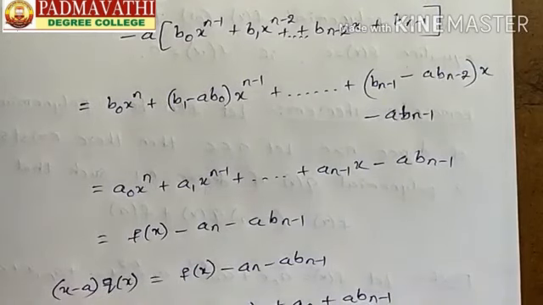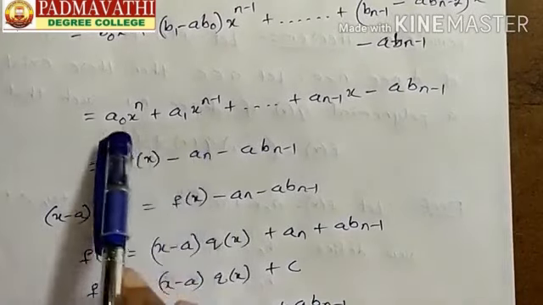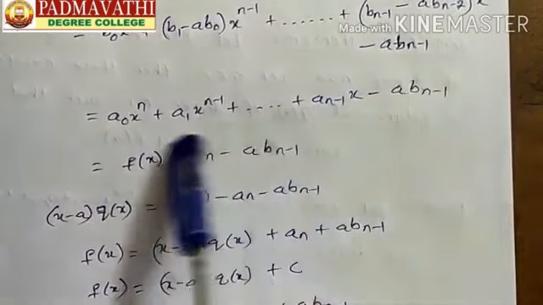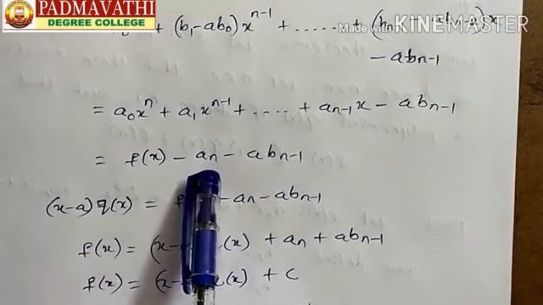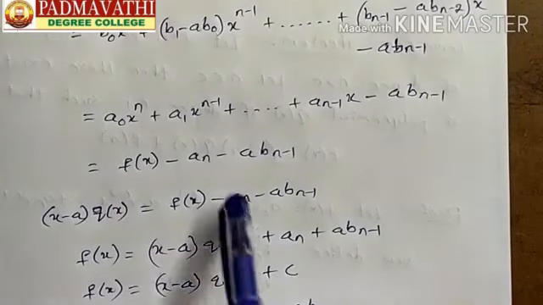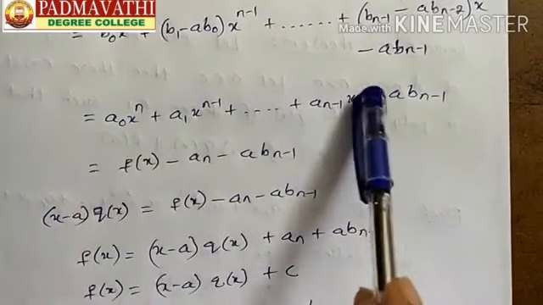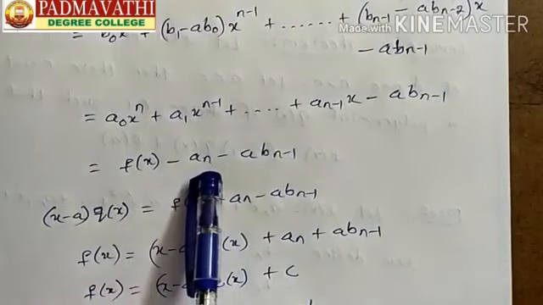Now in this expression, all values except the last term will be f of x minus an minus abn minus 1. So we are replacing all these terms with f of x minus an. Why?